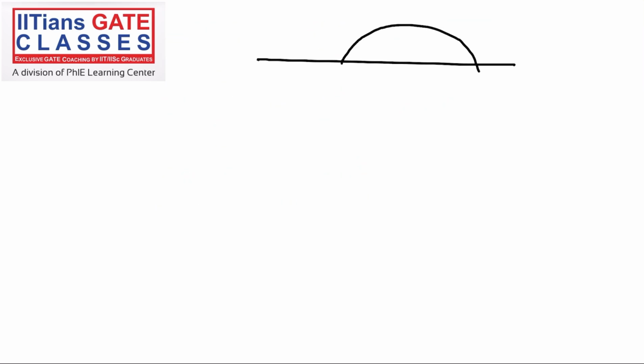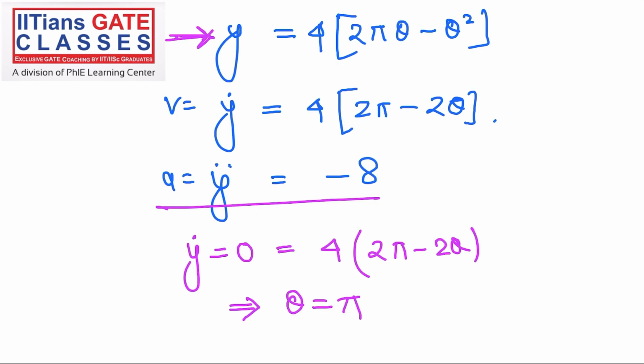I'm not drawing the exact curve. At theta equal to 0 and theta equal to 2 pi, the value of y is 0. Substitute theta equal to 0, the value of y is 0. Theta equal to 2 pi, the value of y is again 0.